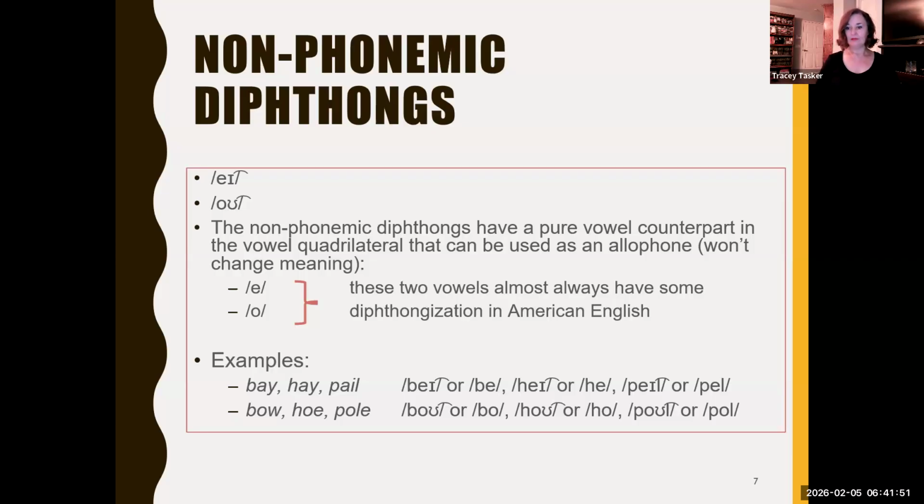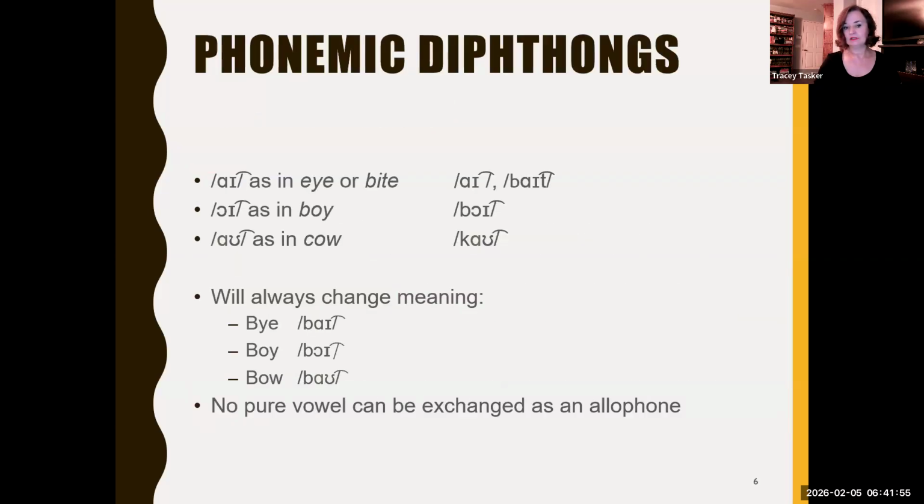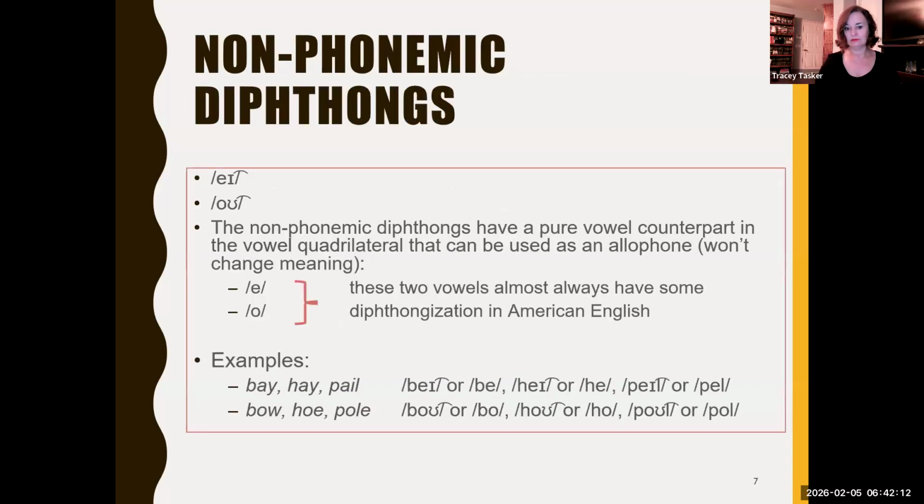Don't get tripped up on some of the spelling. So for example, this last phonemic diphthong here, as in cow, if it was B-O-W, right? It could be either bow or, right, bow.